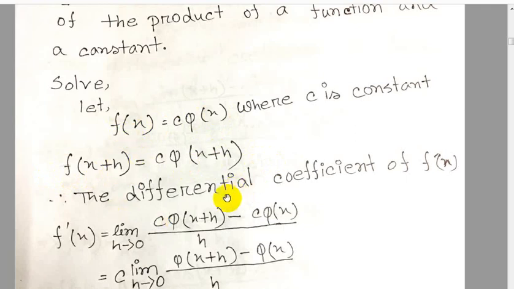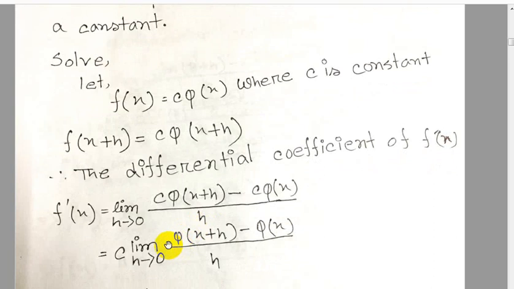Now we'll determine the differential coefficient of f of x, which is f prime x, which is equal to limit h tends to 0, f of x plus h minus f of x divided by h. f of x plus h is actually c phi of x plus h minus f of x. This is how we determine the differential coefficient. Let us look at the second line.